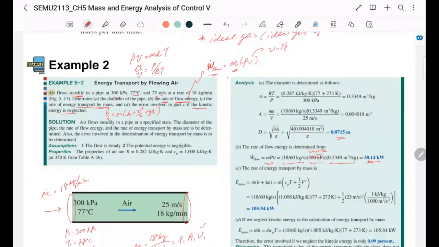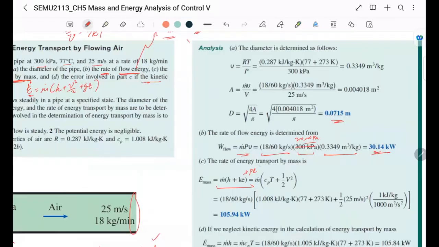And last is the total energy transport by the mass. So then we write the full equation here. Okay, of course, there's a plus PE as well, but since there's no change in the elevation in the flow, it's basically zero.